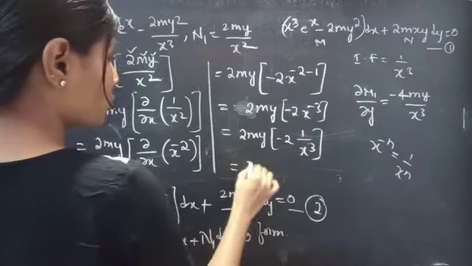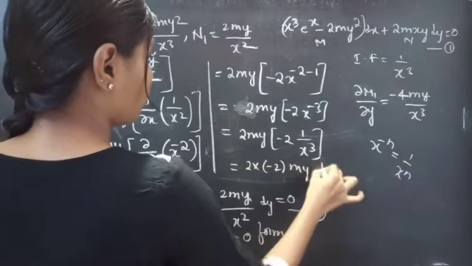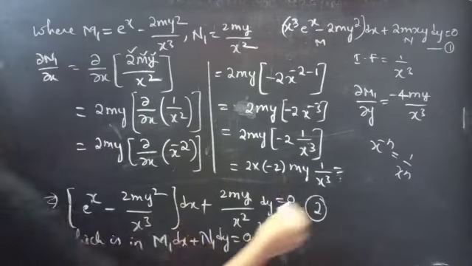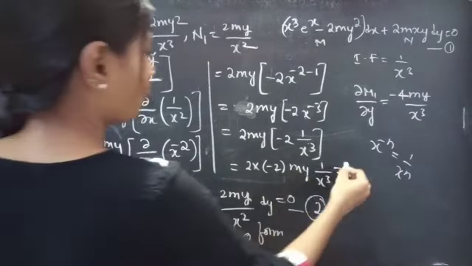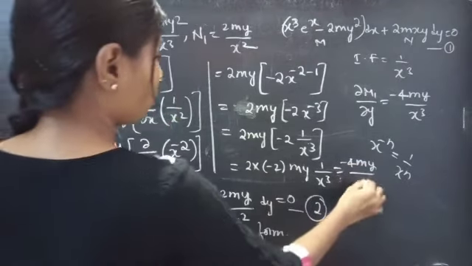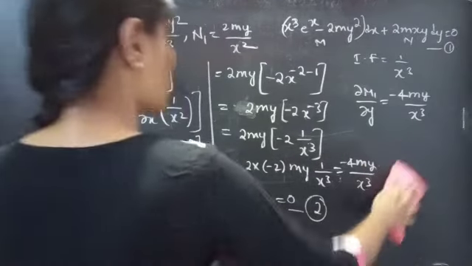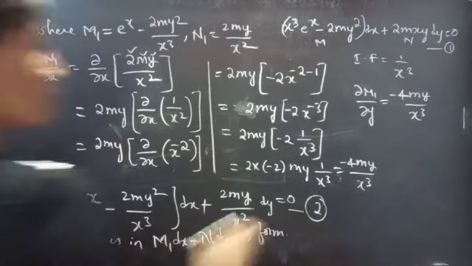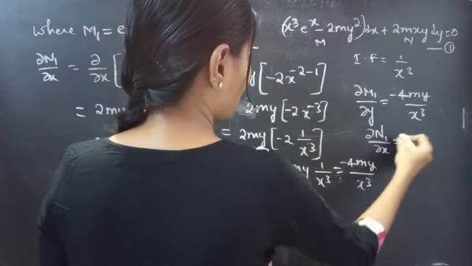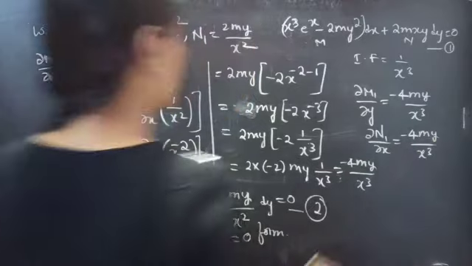Now this equals 2 into minus 2 into my into 1 by x cube, which equals 2 into minus 2 is minus 4 my by x cube. Therefore, the partial derivative of n1 with respect to x is minus 4my by x cube.